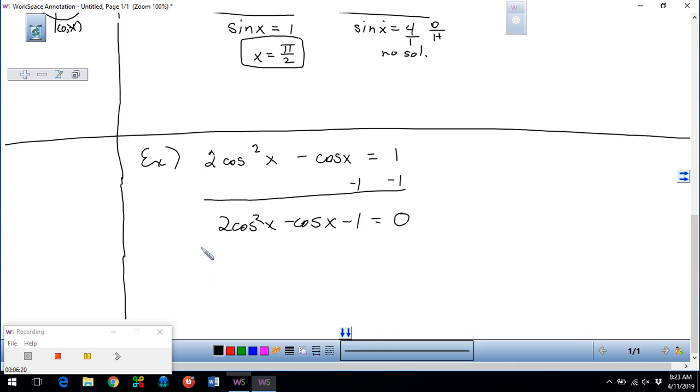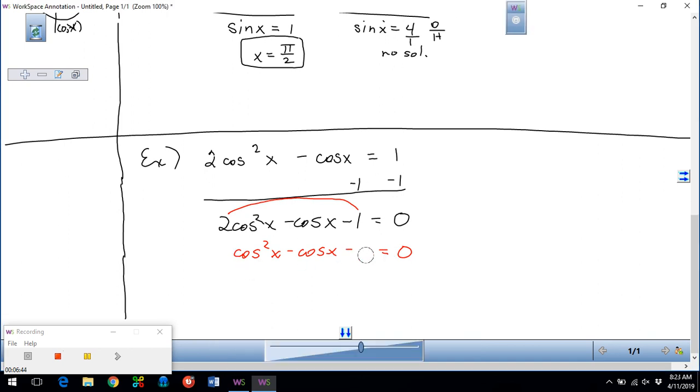Next thing we're going to do is, let's go ahead and rainbow this. We're going to move the 2 to the end by multiplying it so that we get cosine squared x minus cosine x minus 2 equals 0.